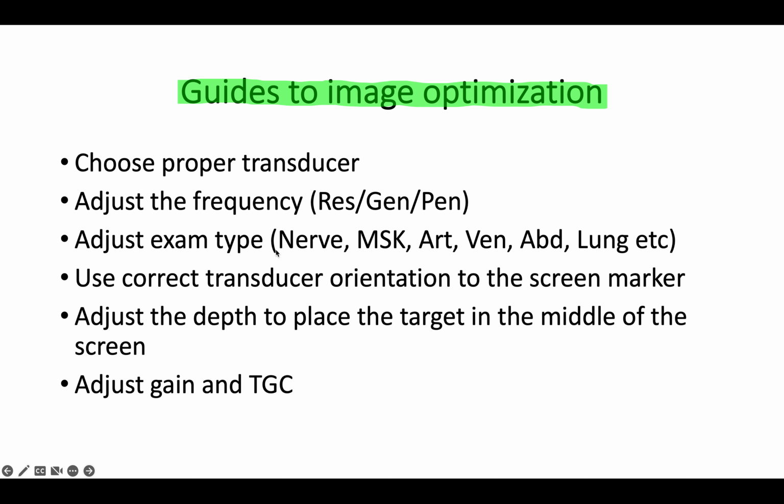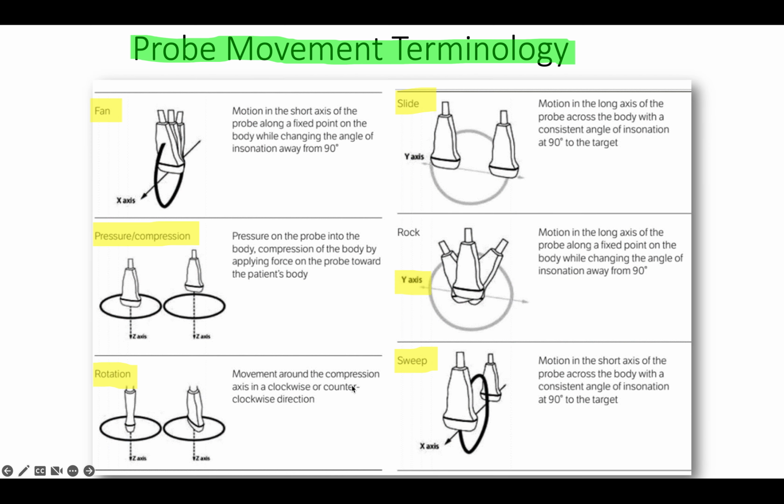We should choose the appropriate exam: nerve, MSK, arterial, venous, abdominal, lung, and others. We must always position the transducer with the correct orientation to the screen. We should adjust the depth so the target is in the middle of the screen, and adjust both gain and time gain compensation.